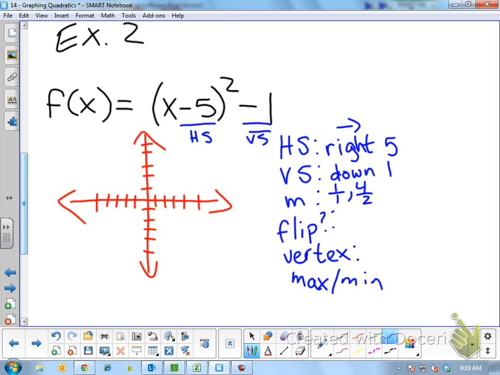For the most part, our slope is always going to be 1 over 1, 4 over 2. And that's really more of a slope pattern than a slope. So the 1 over 1, 4 over 2 is something you need to have memorized basically for now. And then flip. It only flipped if there was a negative in front of everything. Is there a negative out front? No. So there is no flip.